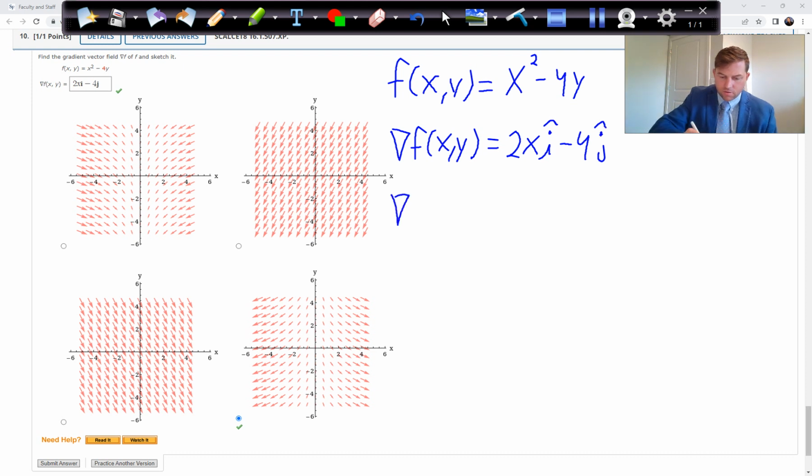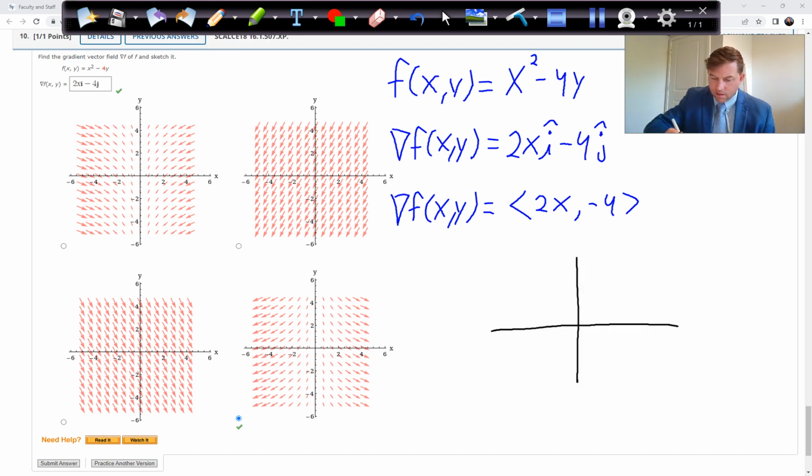So that's going to equal, in shorthand notation, <2x, minus 4>. And we're going to, just like before, pick 4 points. And like I did before, I would pick (1, 1), (1, minus 1), (minus 1, 1), (minus 1, minus 1). And so we get these 4 dots, 1 for each quadrant. And we just have to calculate the vector field for each of those dots.